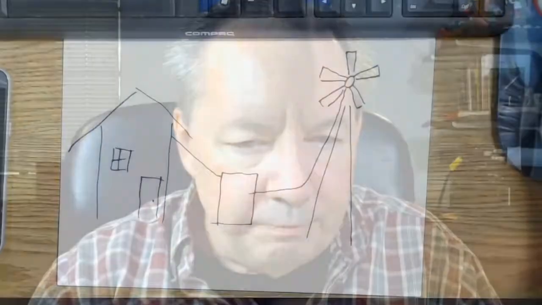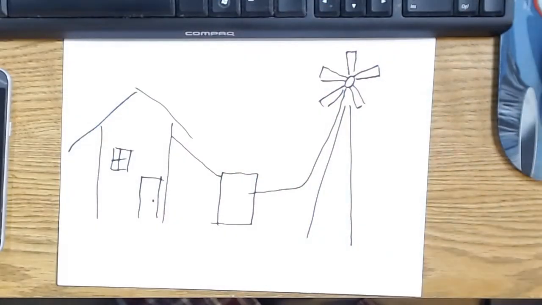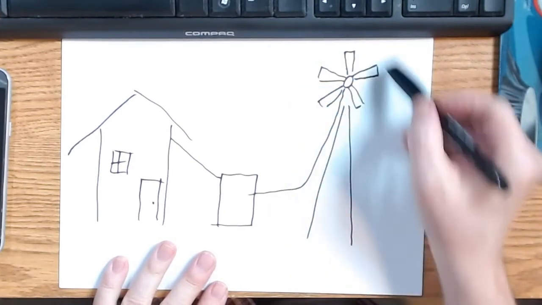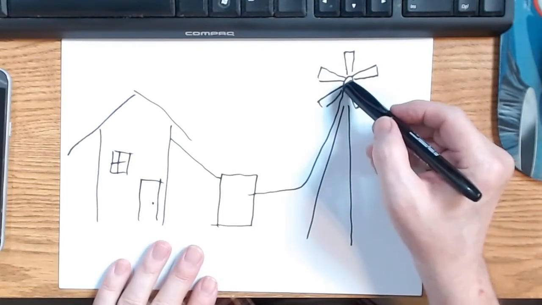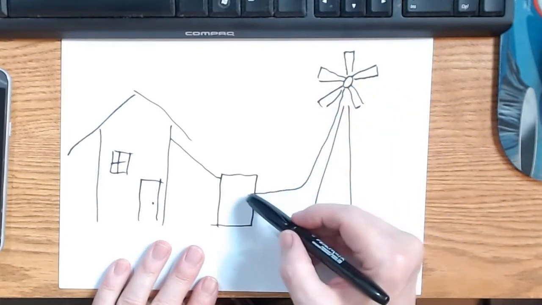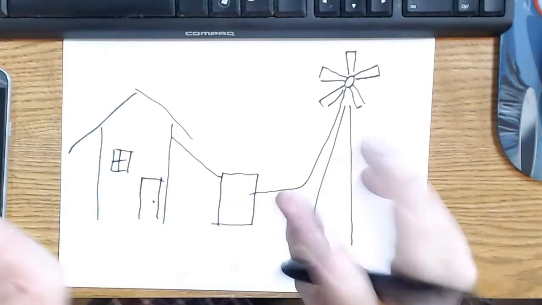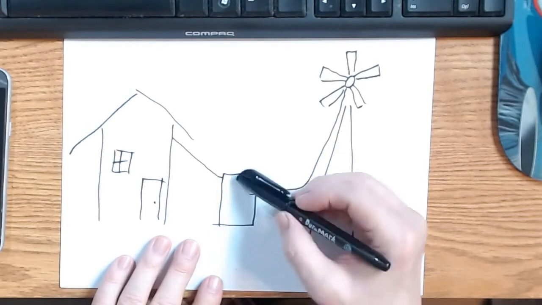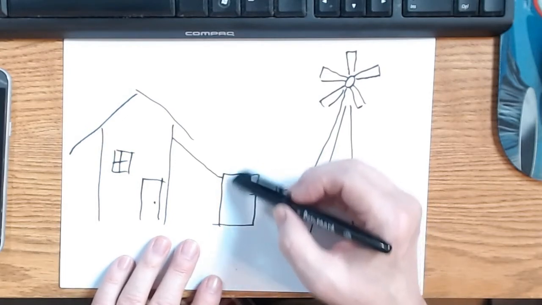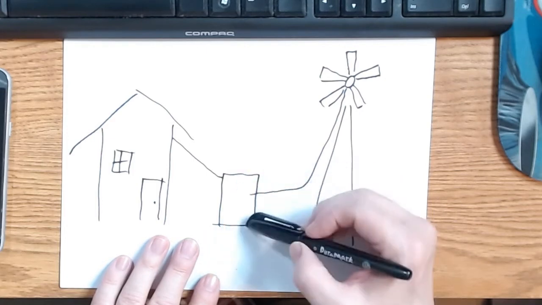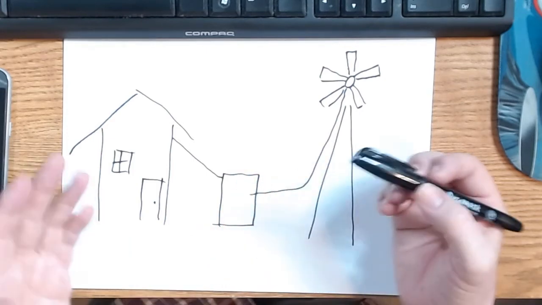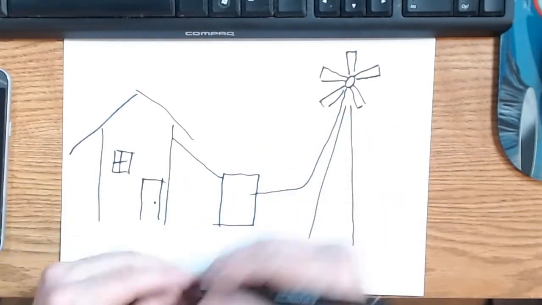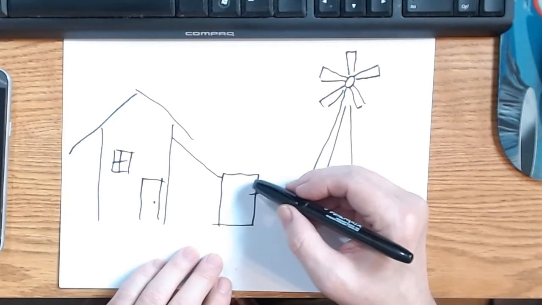In our windmill, storage battery and house scenario, the windmill turning a generator is producing electrical flow. It goes into our storage battery, and what it's doing is it's producing a chemical reaction with whatever substrate we have in here for doing this job. It could be lead acid, it could be nickel cadmium, or any other number of ways that batteries will produce power.